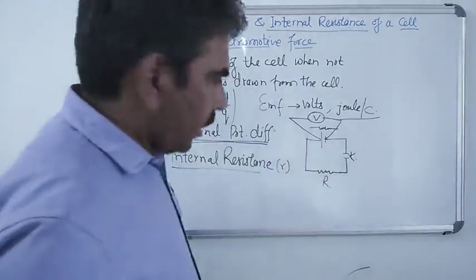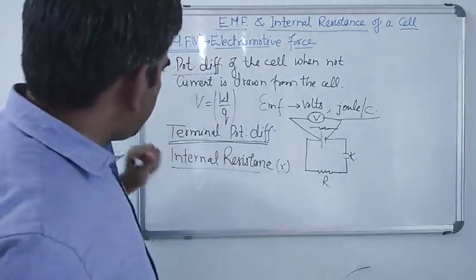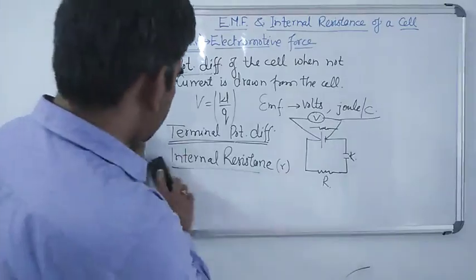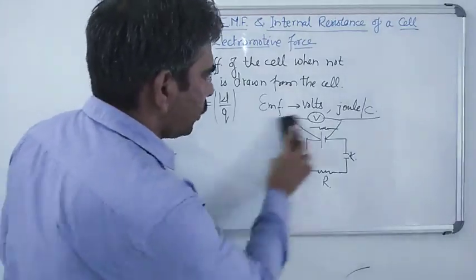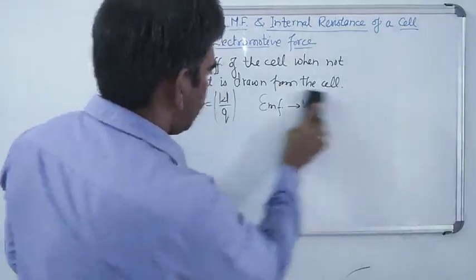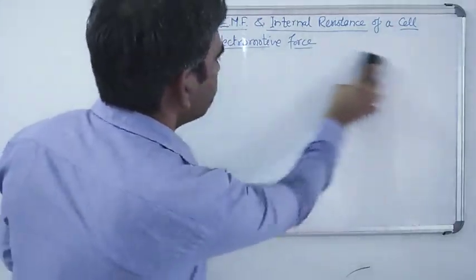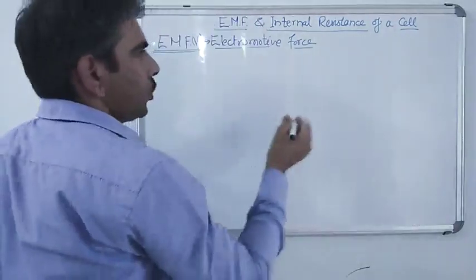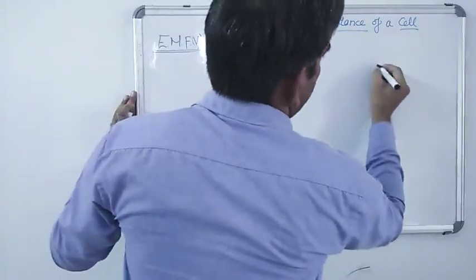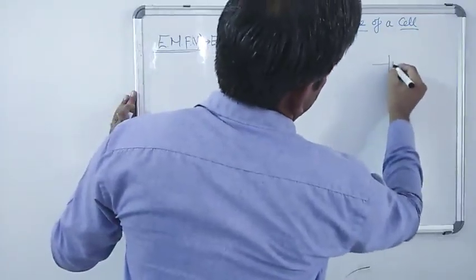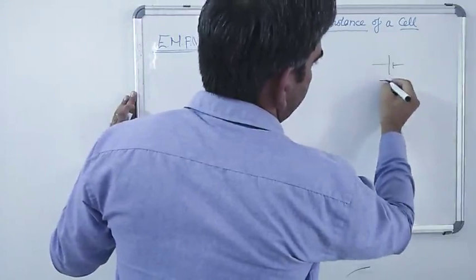Okay. To understand these two terms even better, let us extend our discussion to a circuit diagram as I have just drawn here. So let me take a cell just like this, which has some internal resistance.